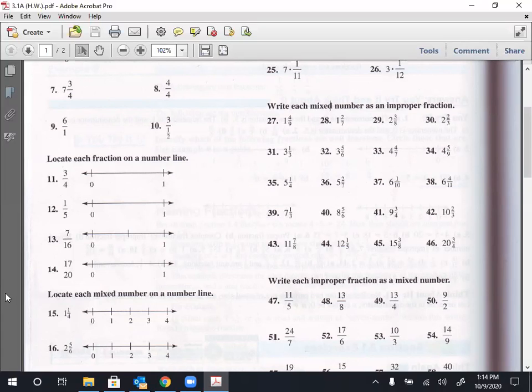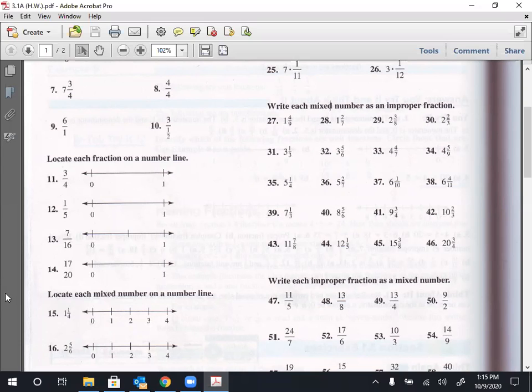How about 35? 5 times 4, okay, 20. Then? 20 over 4. Almost. What did you forget to do? 21. Oh, yeah, that over 4. 21 over 4.